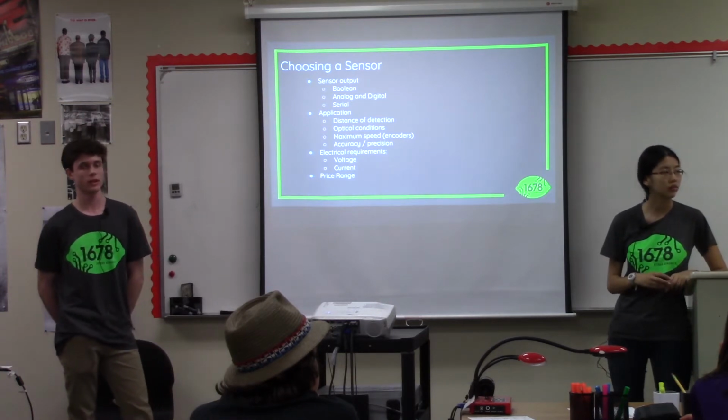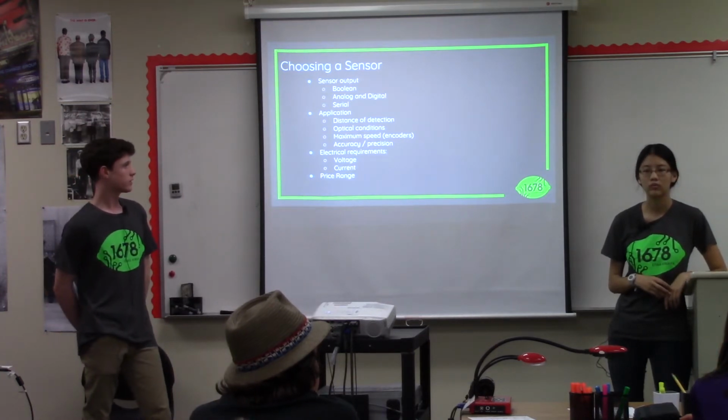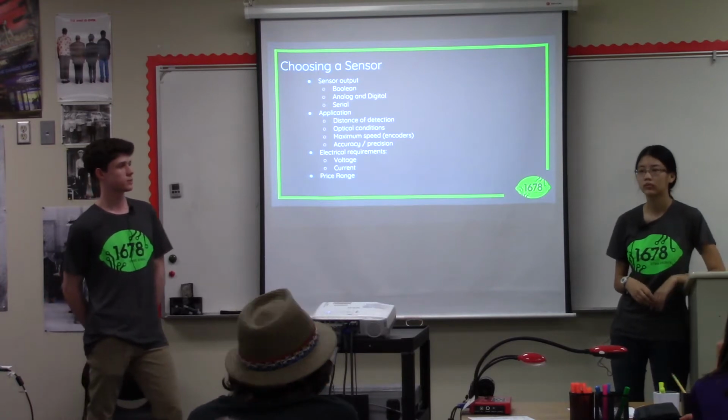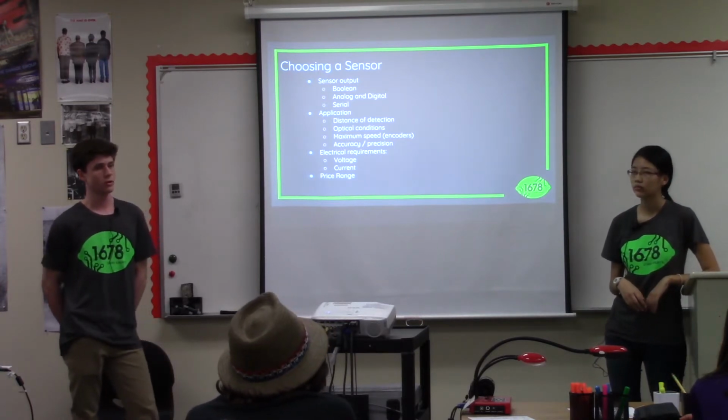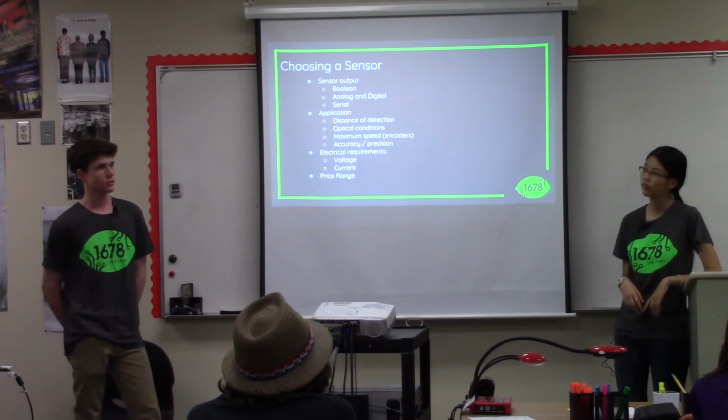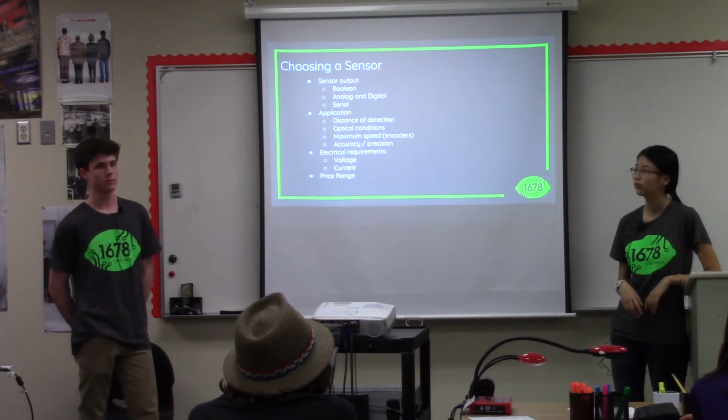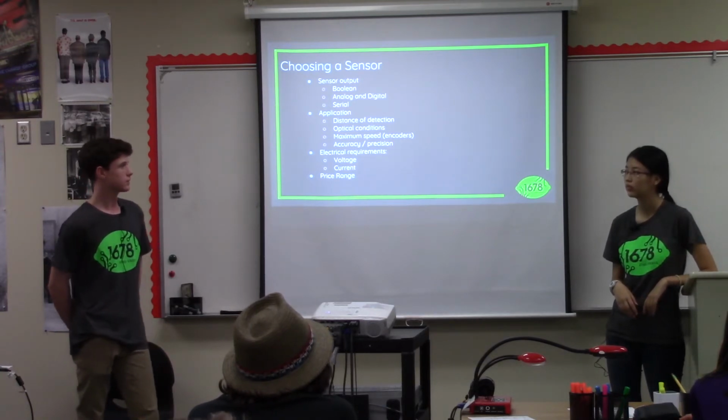For example, some encoders might have a maximum speed, and you would have to know how fast your wheel would be turning, so you would be able to most precisely measure it.